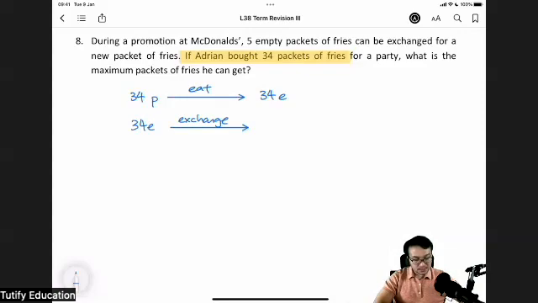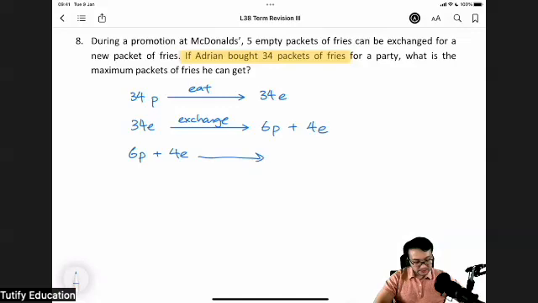How many new packets can you get? 6 remainder 4. So you have 4 empty packets remaining. Correct. Now you take your 6 new packets and your 4 empty packets.